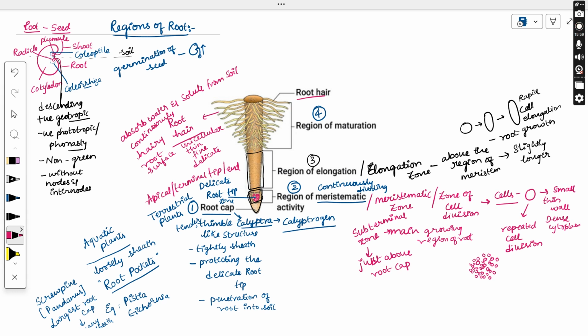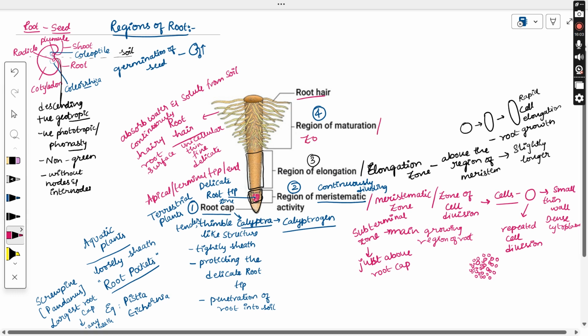So let us see what you can find here. This region of maturation is also called the zone of maturation, which means all the cells are going to mature here and start performing their function. Where is this zone present? This zone is just present above the region of elongation, and it extends in the upward direction.